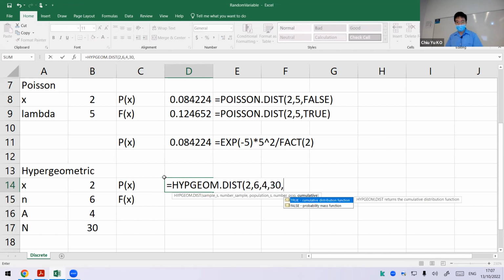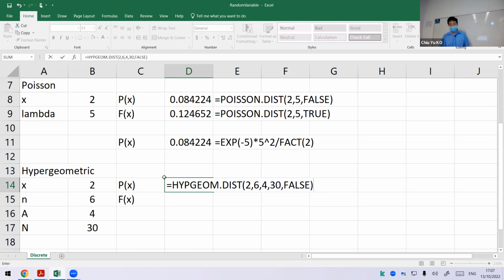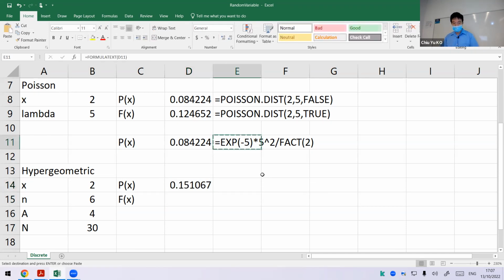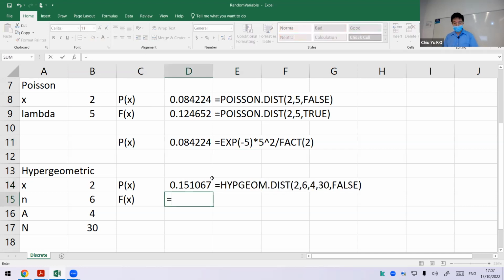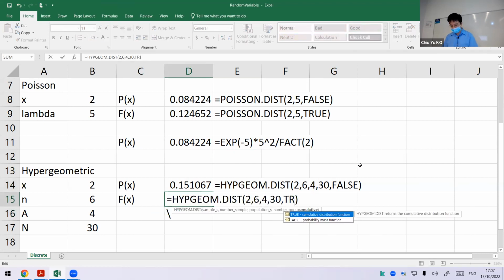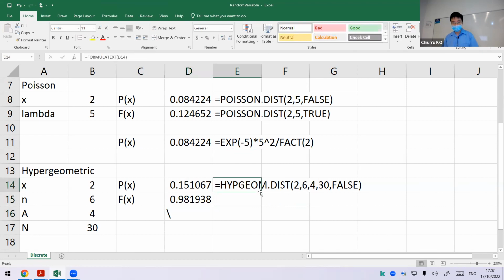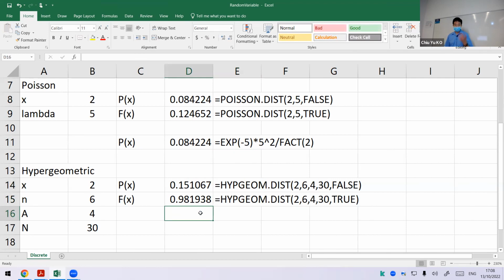And we have to use false, and the reason is that we're talking about the P, the probability mass. So it's 15%. Oh, sorry, it should be true. Okay, so that is the answer.